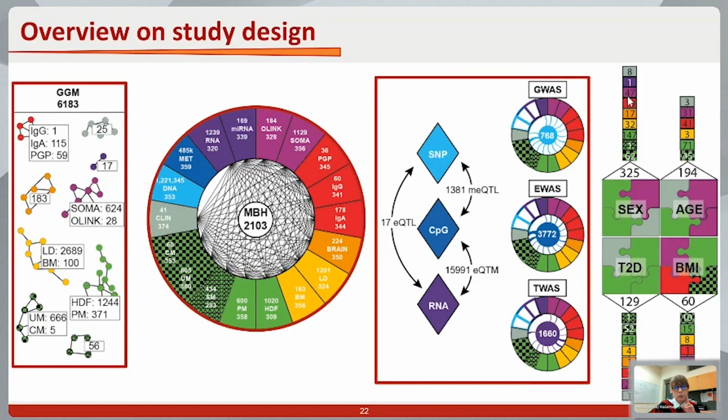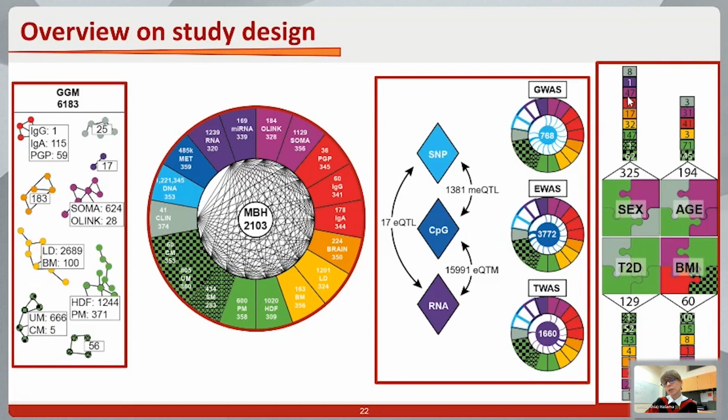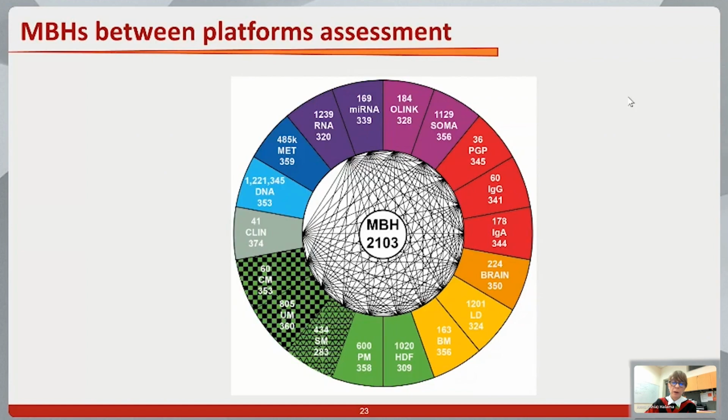Next, we tried to understand the association between genome and metabolome, metabolome and transcriptome, as well as transcriptome and genome. Additionally, we ran multi-omics GWAS, multi-omics EWAS, and multi-omics TWAS, and as far as we are aware, our TWAS was the first truly multi-omics TWAS study. Finally, we are trying to understand further the phenotype and the way different phenotypes are described throughout all of those platforms.